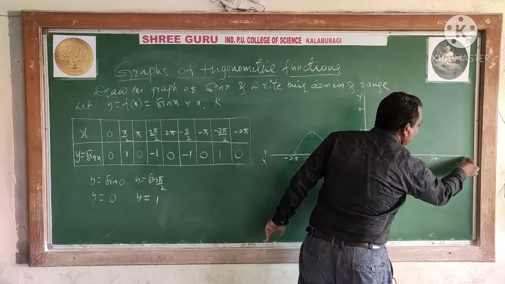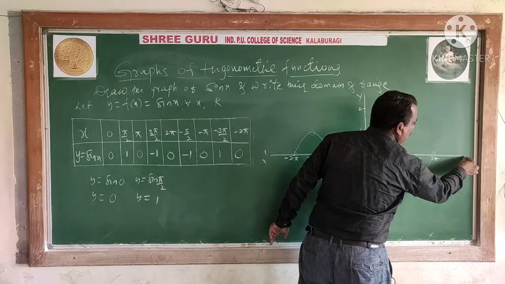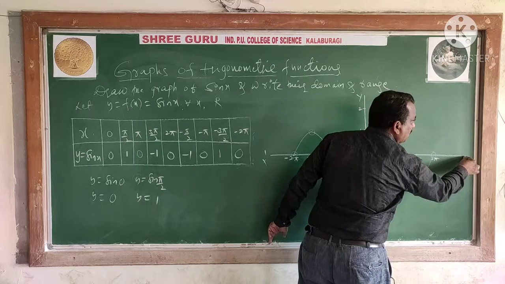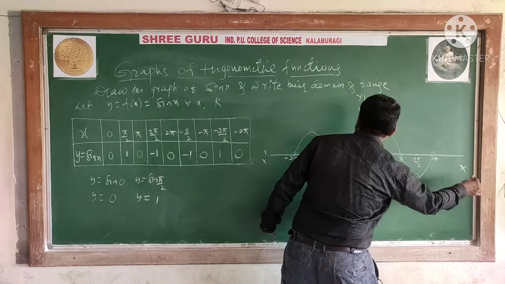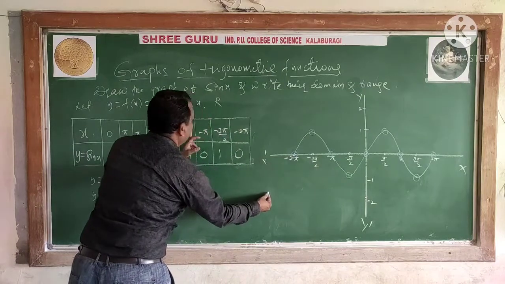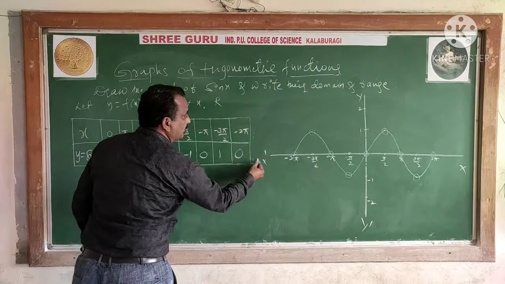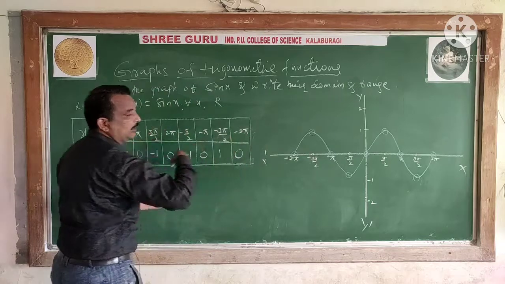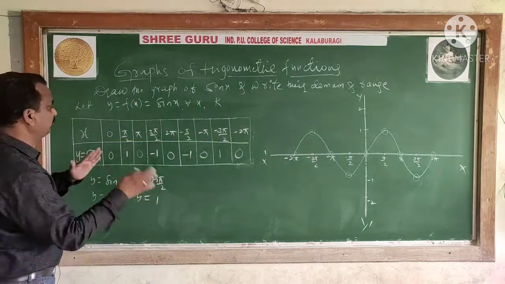Then it decreases to 0 at 3 pi. After 3 pi, at 7 pi by 2 it is minus 1. Then on the negative side, at minus 5 pi by 2 it is minus 1, and at minus 3 pi it is 0. Like that it oscillates between 1, 0, and minus 1.